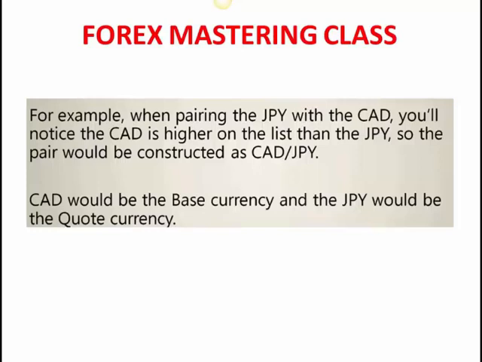So the pair will be constructed with the Canadian dollar on the left and the Japanese yen on the right. The Canadian dollar will be the base currency and the Japanese yen will be the quote currency because the Canadian dollar is higher in prominence than the Japanese yen.